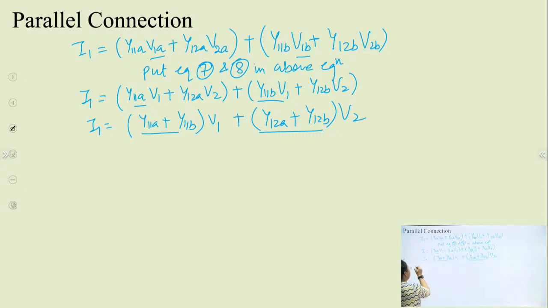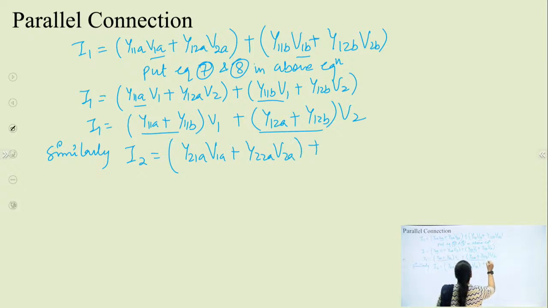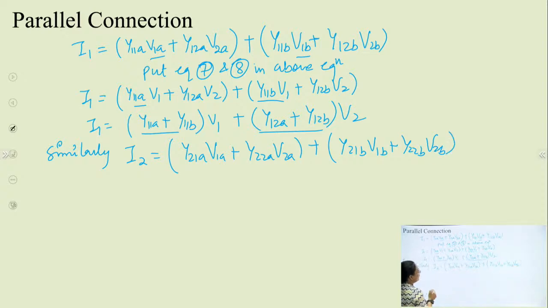And similarly for I2 I am using the values. Similarly I can write I2 will be equal to y21a v1a plus y22a v2a plus y21b v1b plus y22b into v2b. Okay. Now again I am using equation number 7 and 8 for these values.